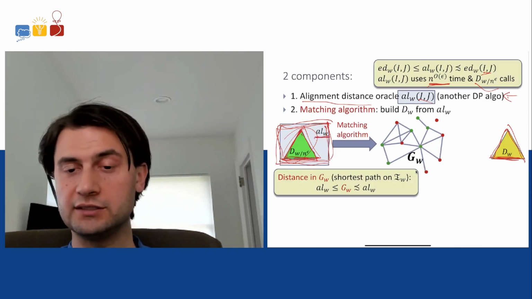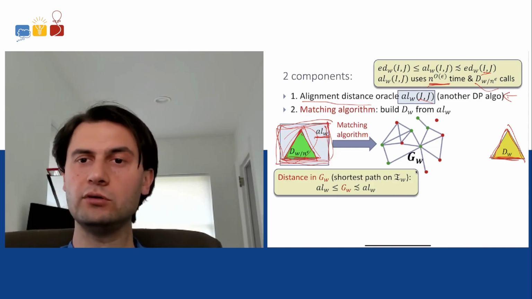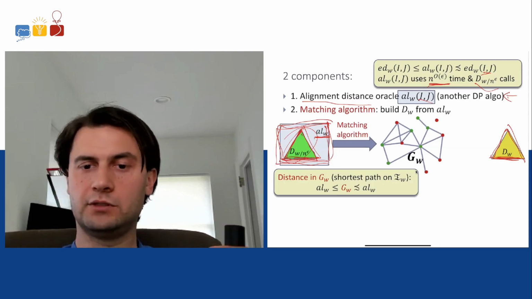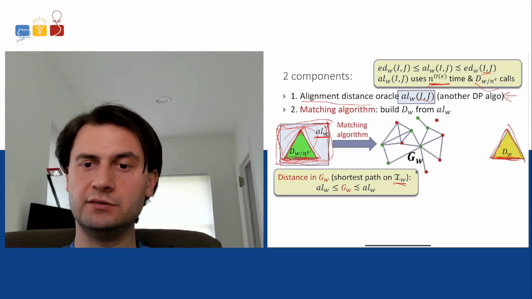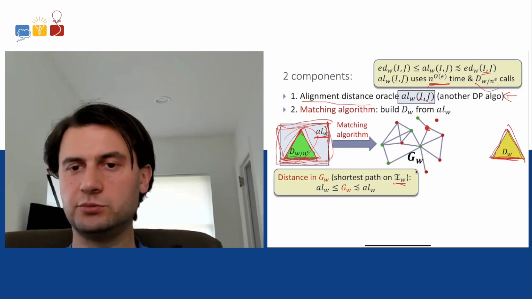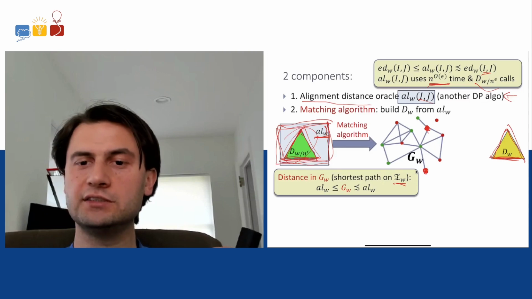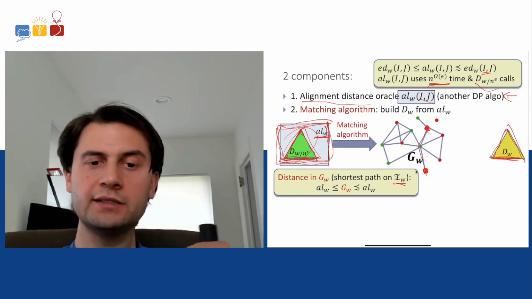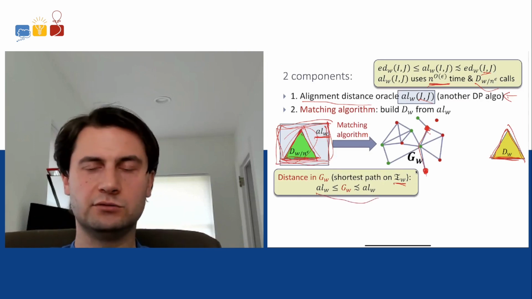It is a graph that captures the entire alignment distance metric for all the 2n blocks, such that the shortest path distance in the graph approximates the alignment distance. Each node corresponds to a block, and if we want the distance between this one and this one, it is the shortest path distance in the graph. It approximates the alignment distance in a similar way as we mentioned before.